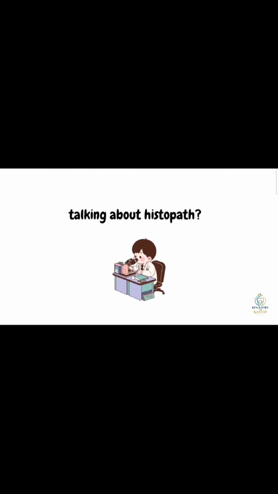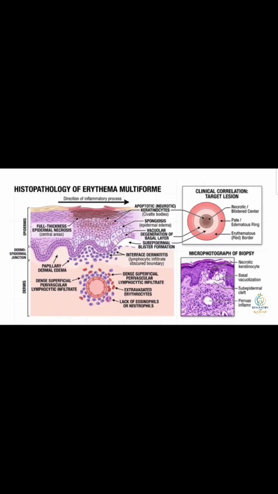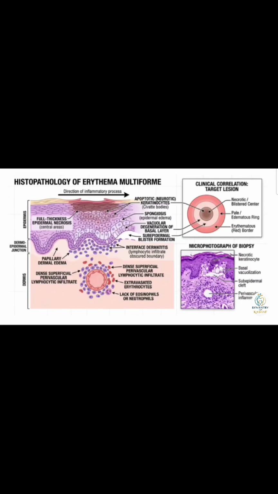Okay, then talking about the histopathological features of this, I will show you a very beautiful picture which will easily clarify. We will discuss it from bottom to top. If we notice the bottom, this is a blood vessel. These are the extravasated RBCs and some lymphocytes you can appreciate. That's why the outer ring you can appreciate here is redder, just because there is erythema. And then you can appreciate a subepithelial blister, which corresponds to the darker zone and the middle paler zone, where a blister-type thing is present.